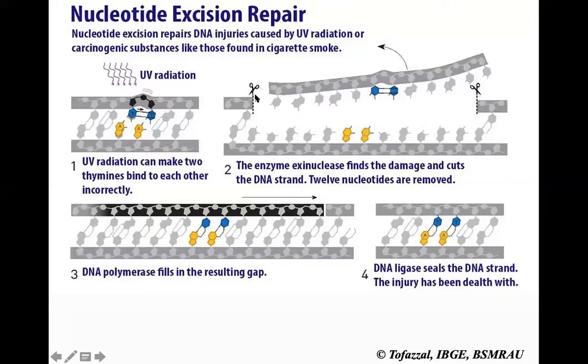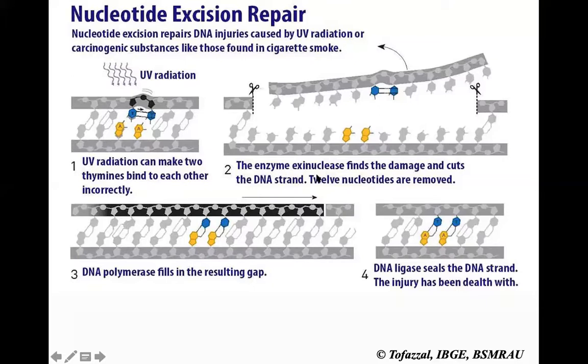In that case, you see how it cuts and removes this damaged part with several undamaged nucleotides. First step: UV radiation can make two thymines bind to each other incorrectly. Here, two thymines make a dimer. Actually, they should bind with adenine, but they themselves made the dimer, and it is a big problem in the DNA double helical structure.